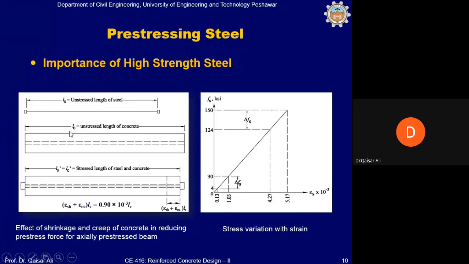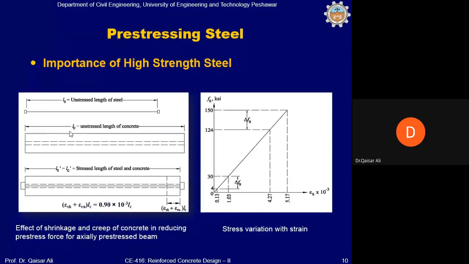So the length of concrete member which will be produced in this form work will also be LC. LC, unstressed length of concrete. So C stands for concrete. This is the length of concrete member, because when you pour concrete inside this form work, this will give you the same length as the length of form work.